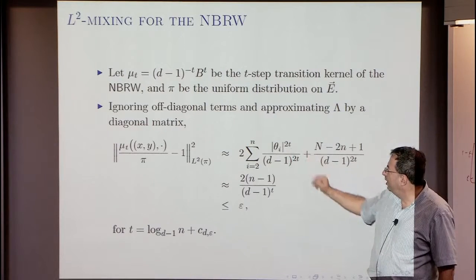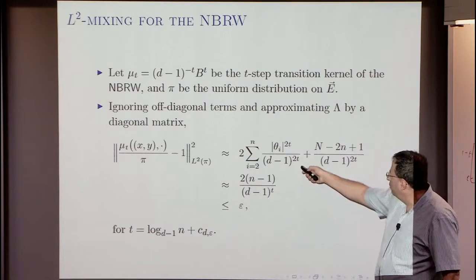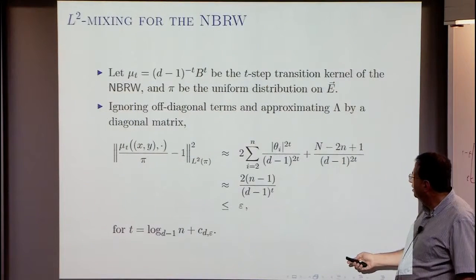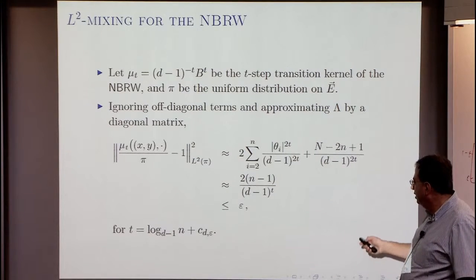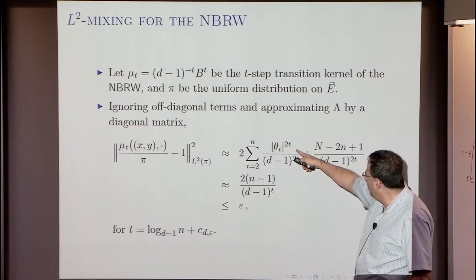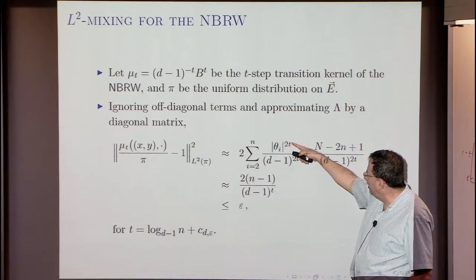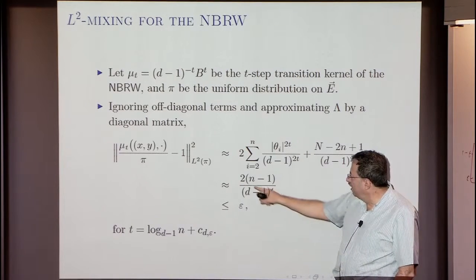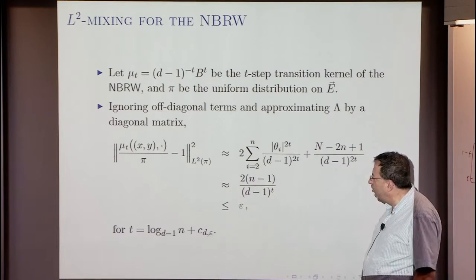So this will give you... root d. Oops, sorry, I'm getting it wrong. Okay. So this, and you have n terms here. What you get is that this will cancel one factor of the d minus 1 to the t, and what you're left with is essentially n, from the number of summands, divided by d minus 1 to the t.